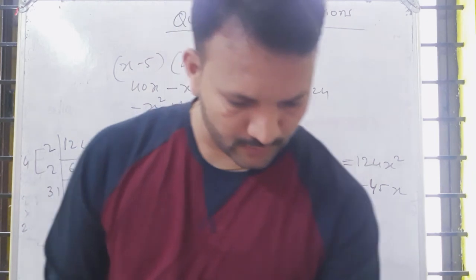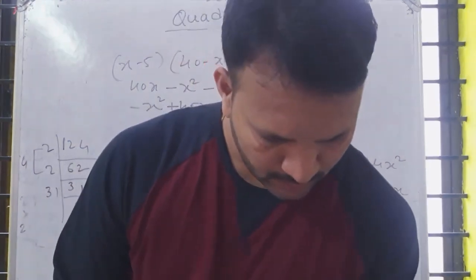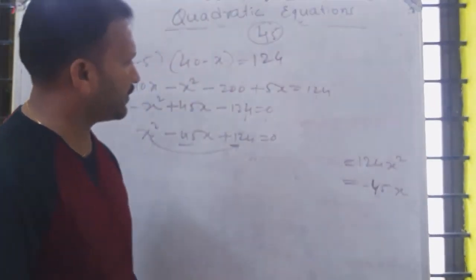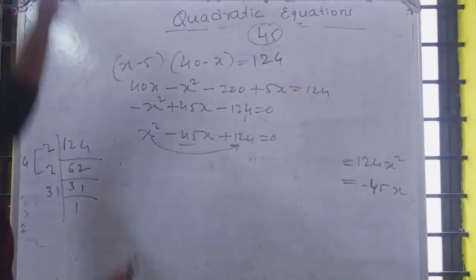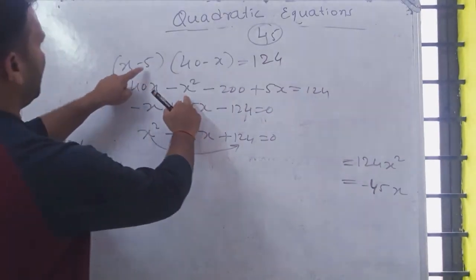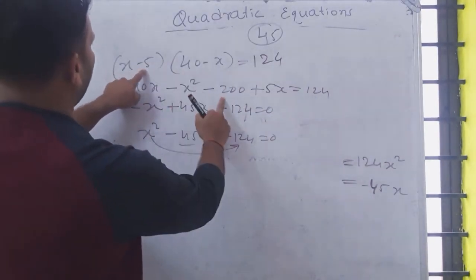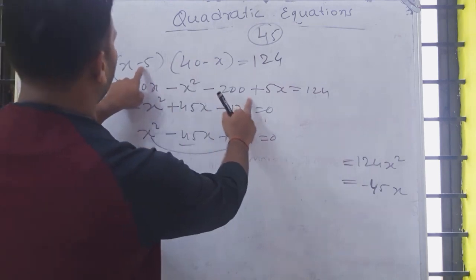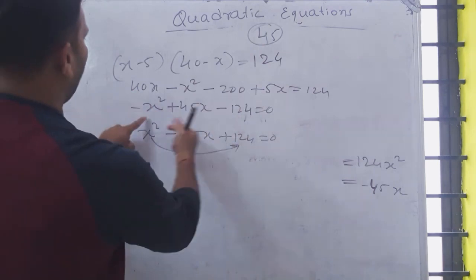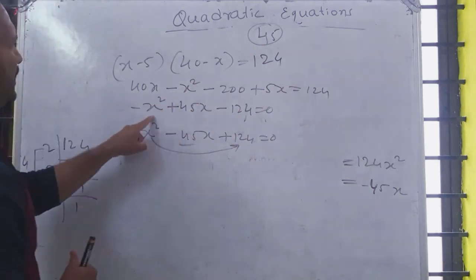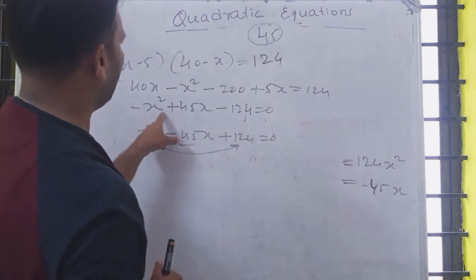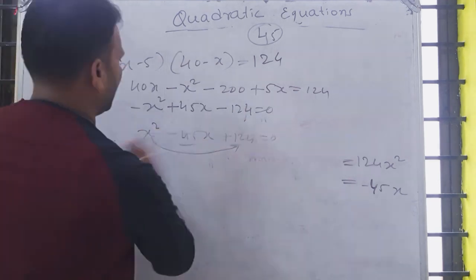Here whether it is 124, let us check. Both of them have x square, 40x minus x square, minus 200 plus 5x, 45x minus x square. Oh yes, here minus x square.